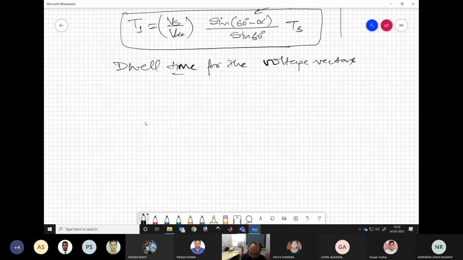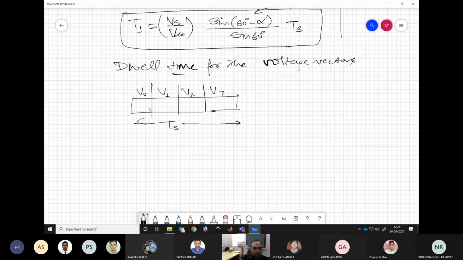Now, in the same sector, what we are doing basically, we have V0 voltage vector, V1, V2, V7. This is applied over this time period Ts, and V0 is for Tz by 2. This is for T1, this is for T2, again V7 for Tz by 2. So these two intervals are equal.